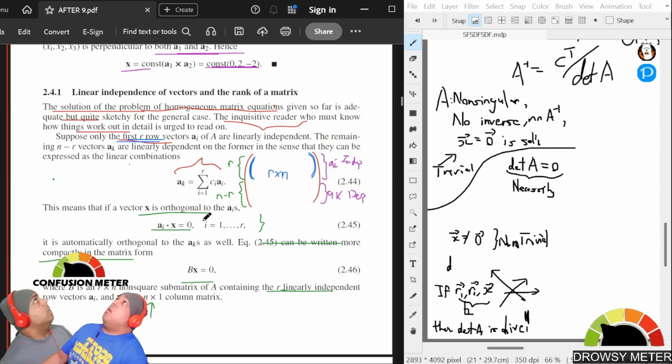ai dot x equals 0. More compact in the matrix form, Bx equals 0.